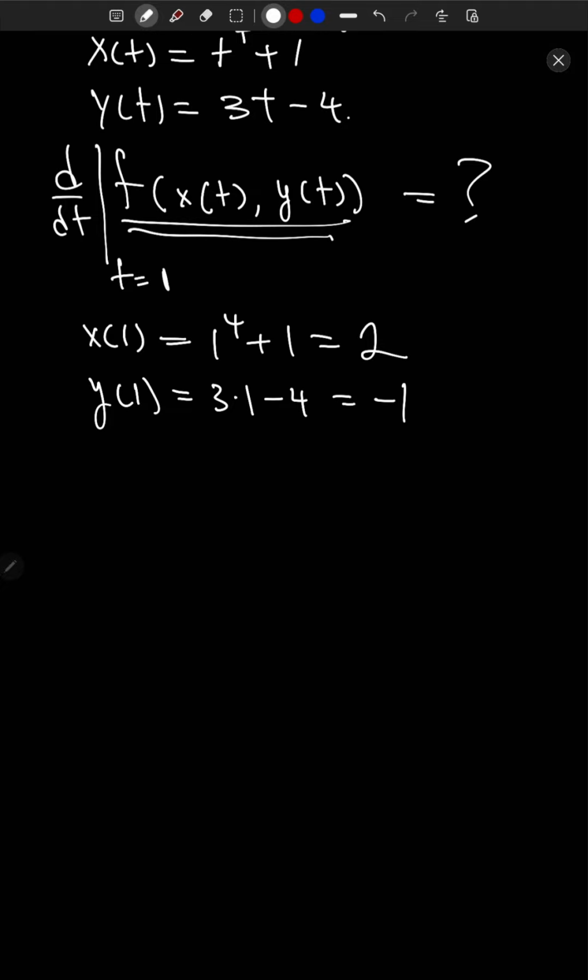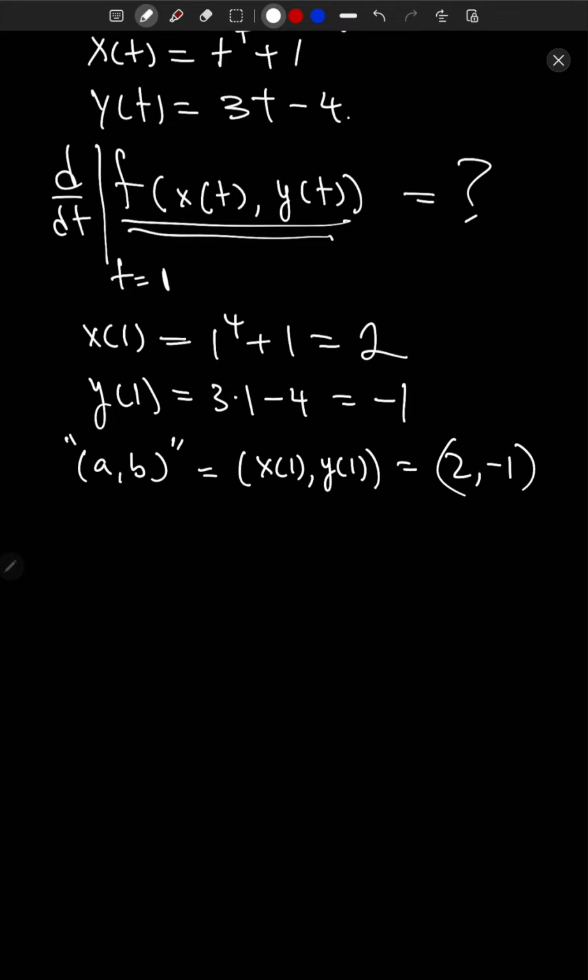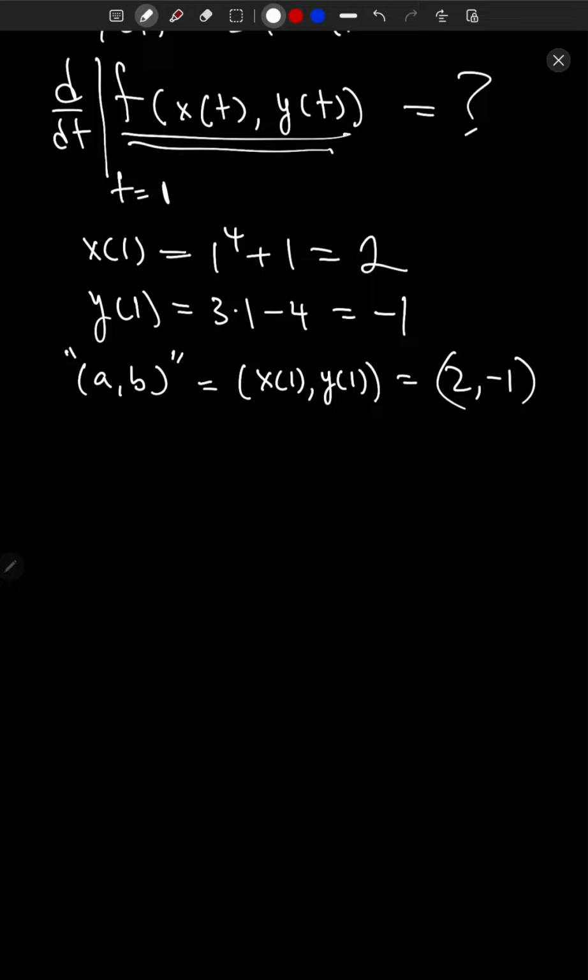So the a, b in our discussion above, technically it was x of 1 comma y of 1, and that's going to be 2 comma minus 1. So in terms of a picture, this is t equals 0, here's t equals 1. That's our point of interest. We want to know how our function changes there.